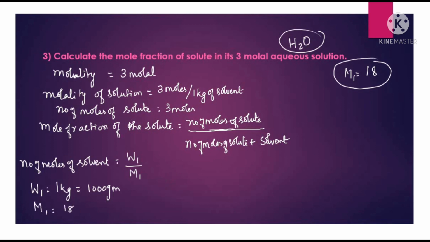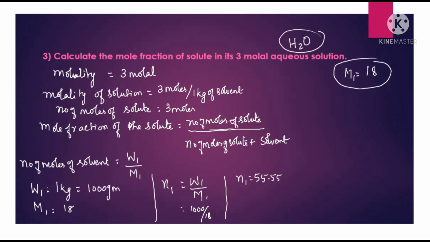So now we can calculate the number of moles of the solvent. N1 is equal to W1 divided by M1, that's equal to 1000 divided by 18. So N1 is equal to 55.55. Now we can calculate the mole fraction of the solute.